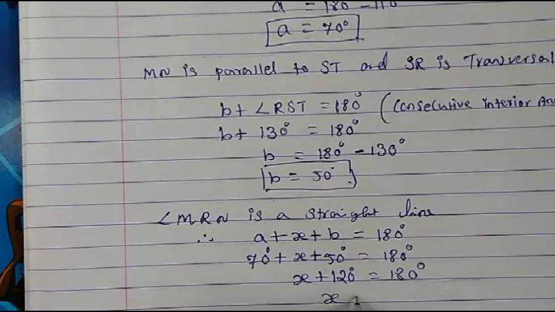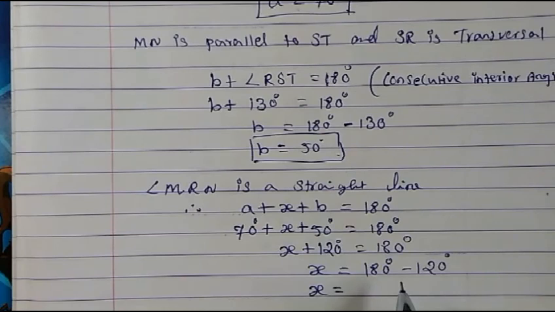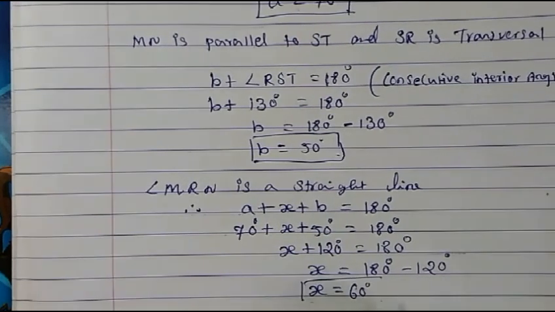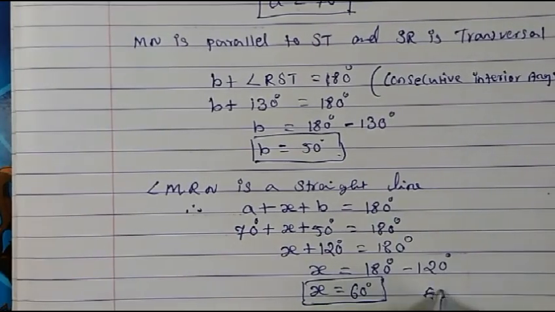So let us keep X on one side, and this will come to this side and go to minus. So our X value will be 180 minus 120, which gives us 60. So this is our answer.